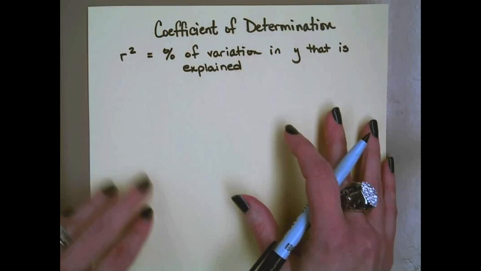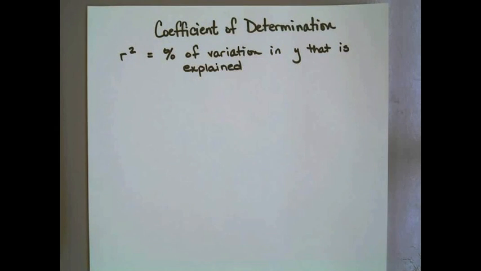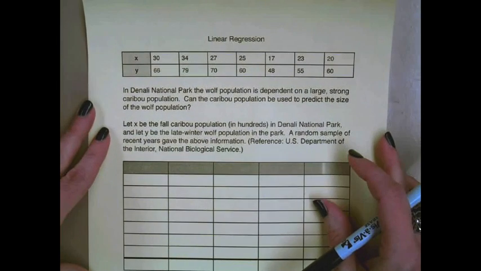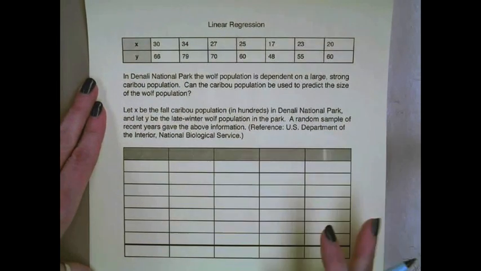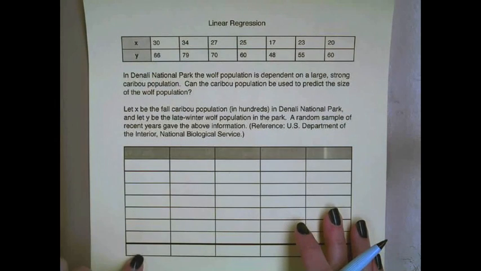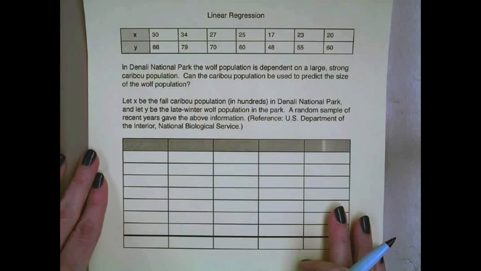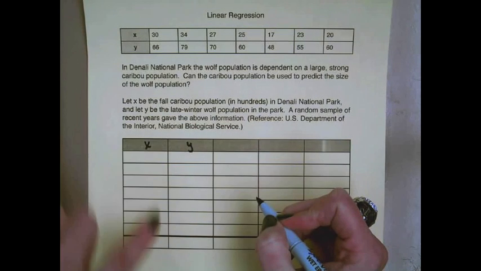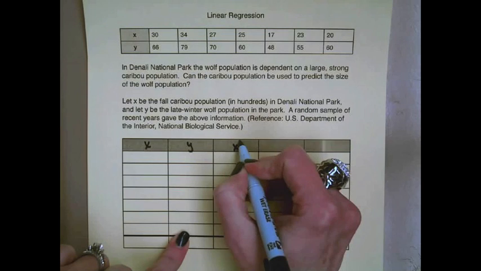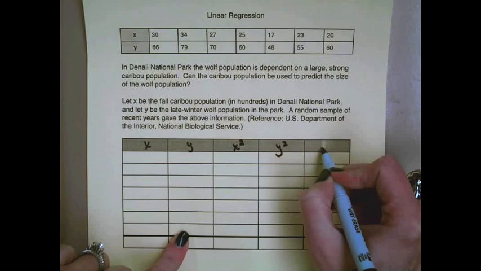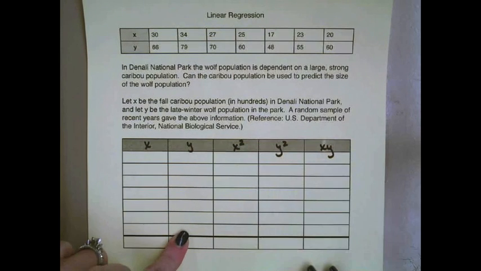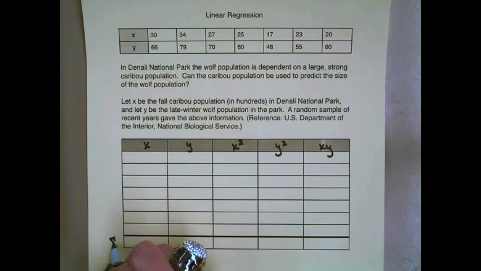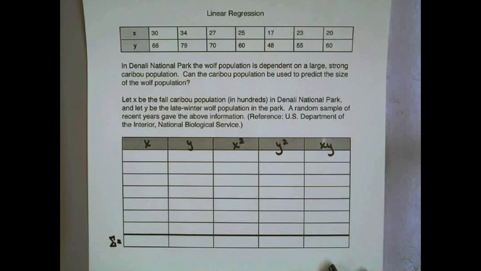So let's go back to our caribou and wolf problem, because we know that we have 7 x and y data sets, and we know because of our previous work that we're going to have x and y in list 1 and list 2, and then I taught you how to do x squared and y squared and xy, how to fill in your data table, get your sigma down here, or the sum of all of these.